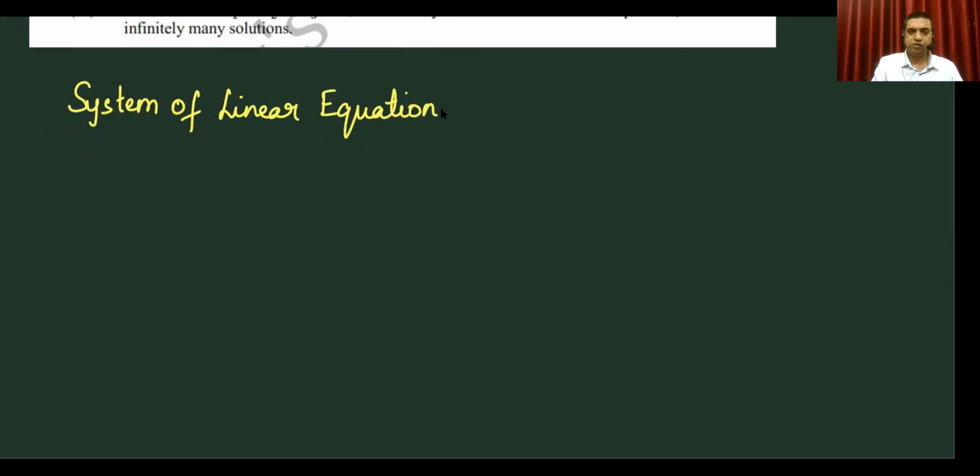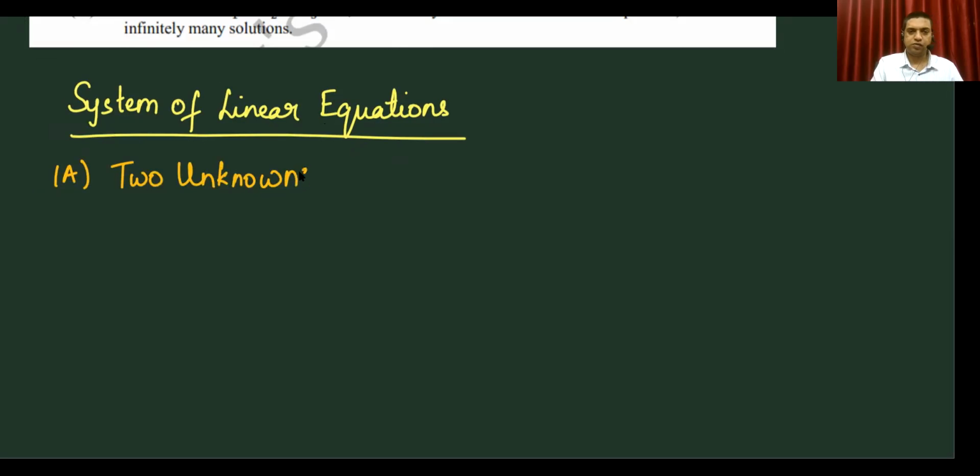Now, system of linear equations. First case is two unknowns. System of linear equations in two unknowns.